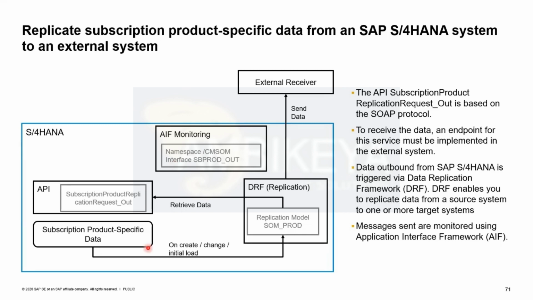So when the data is updated, it is possible through DRF to send this data out to an external system using this new SOAP service, subscription product replication request out. And with DRF, it is not that we can only distribute changes to one external system. We can distribute the changes to multiple external systems. And how the distribution failures, etc., can be monitored from AIF monitor.